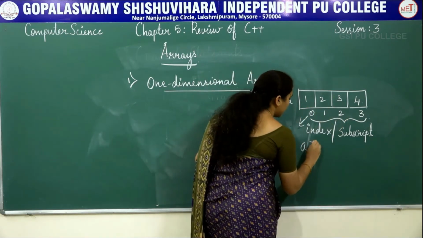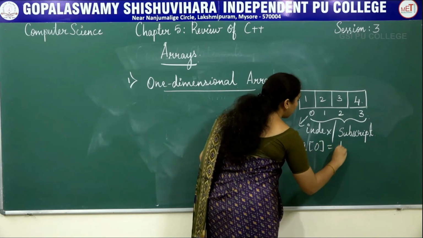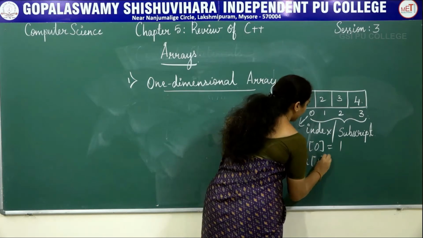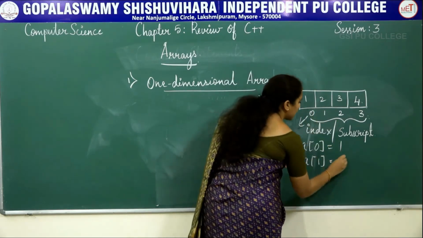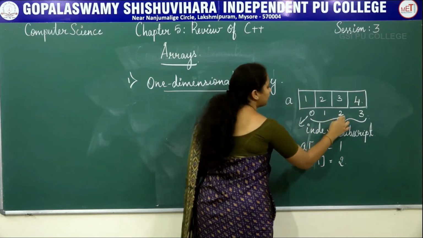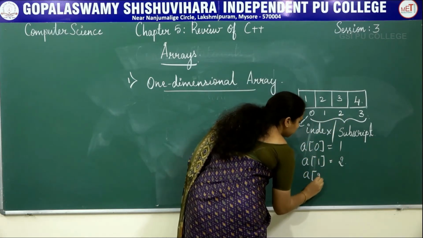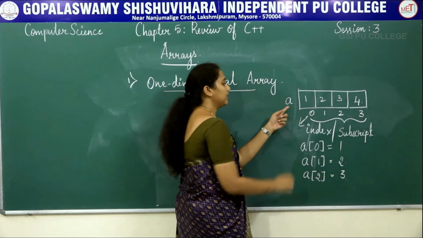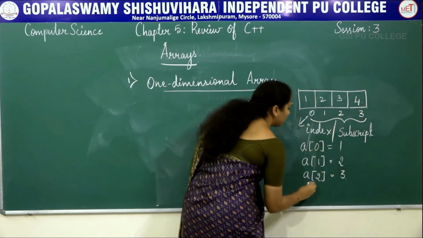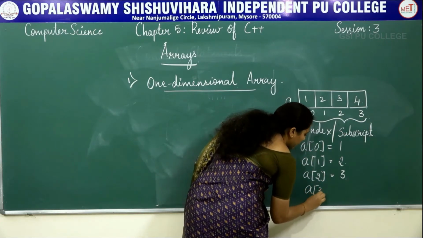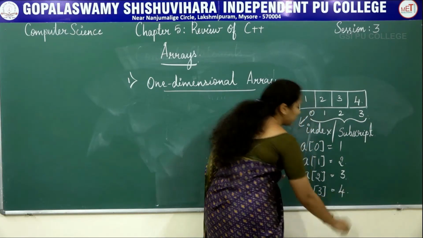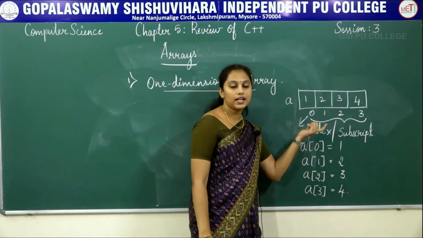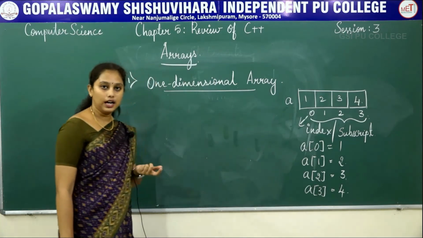In A of 0 the value 1 is stored, in A of 1 the value 2 is stored, in A of 2 the value 3 is stored, and in A of 3 the value 4 is stored. So with the help of the index or subscript, I can access the elements of an array.